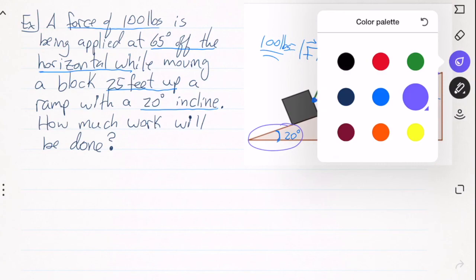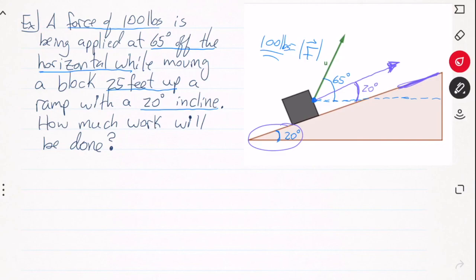So that means that the angle we're going to be working with between the force vector and the direction vector is going to be the difference of these two angles. It's going to be the big 65 degrees minus the 20 degree ramp. To get us going in the right direction, this would be 45 degrees. What a nice angle.